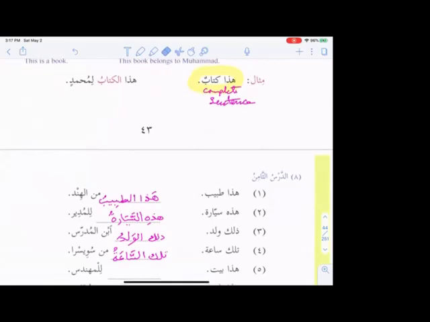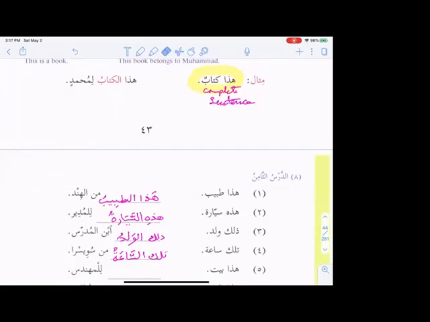Now I was trying to write down something. Hada tabibu. This is a doctor. Now we want to say this doctor. So what will you say? Hada tabibu. Hada mubtada tabibu badal. Min al Hindi. Hadihi sayaratu. This is a car. So you will say Hadihi sayaratu.